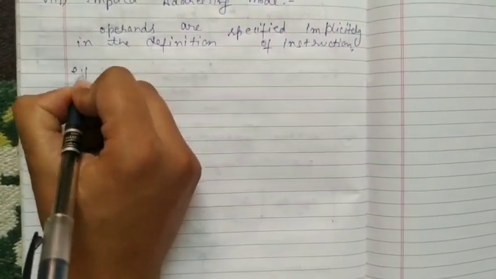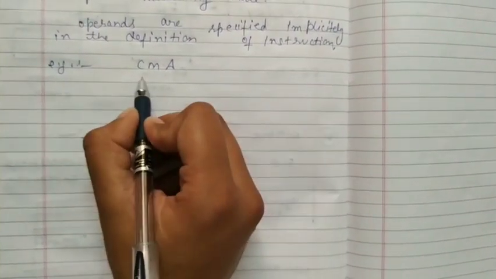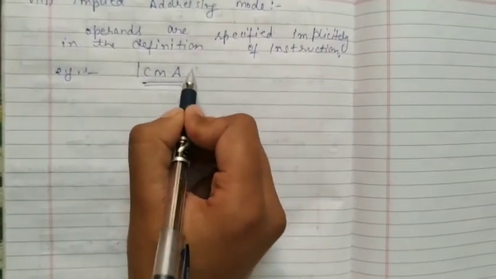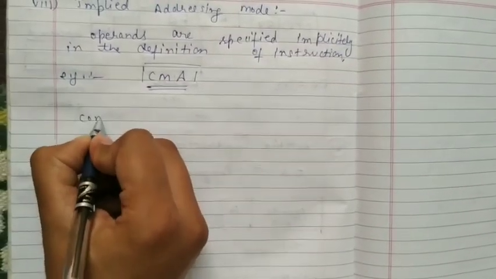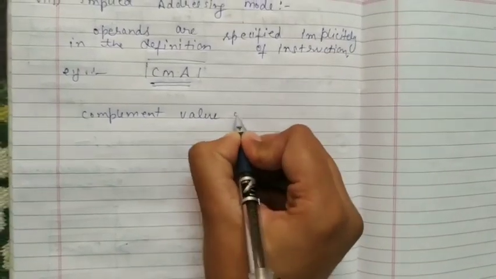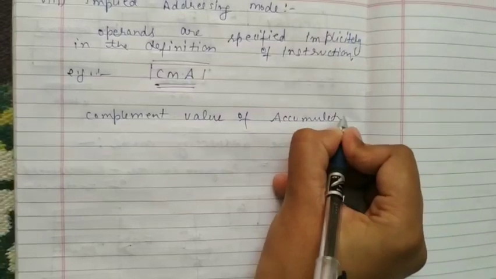It means suppose we have the instruction CMA. It is the instruction to complement the content of the accumulator. So the operand is residing within the definition of the instruction. This is the instruction which after execution will return the complement value of the accumulator register.